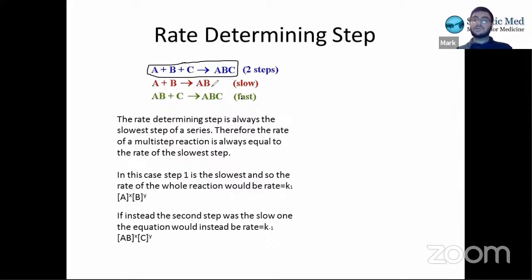It looked so simple because it looked like it was in one step, like it just happens, right? That actually takes many, many steps, and you'll learn about those steps when we cover biology and biochemistry. So something like A plus B plus C going into ABC is not actually how it happens. When you expand it, it's multiple different steps. So for example, A plus B goes into AB, and then AB plus C equals ABC.